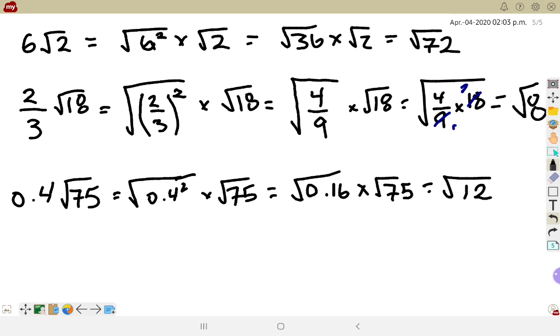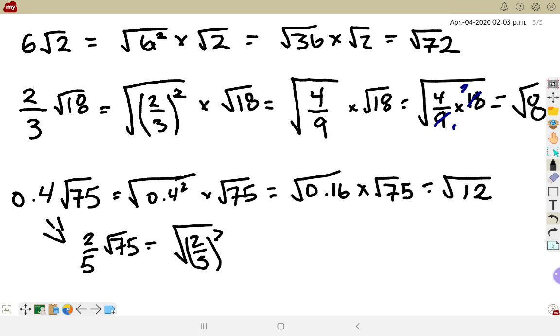Okay, but I would have done it maybe by changing this into 2 over 5 times the square root of 75. Because now I'm going to have the square root of 2 over 5 squared times the square root of 75.